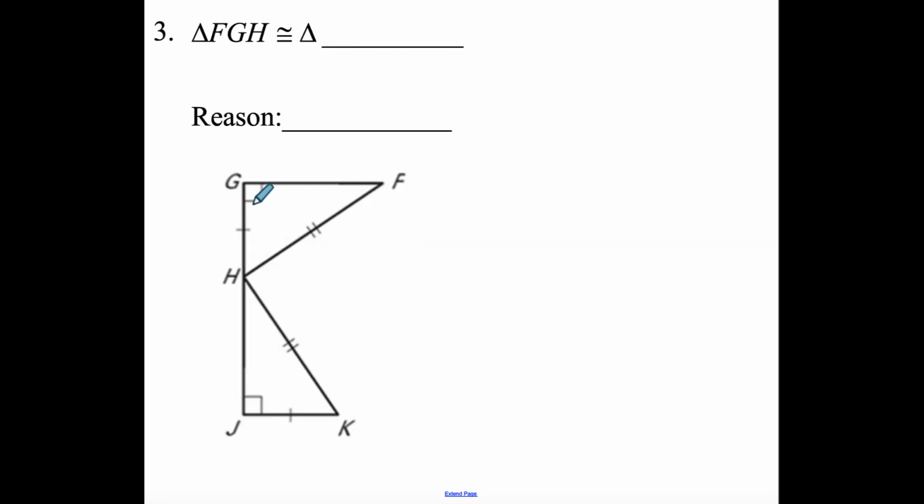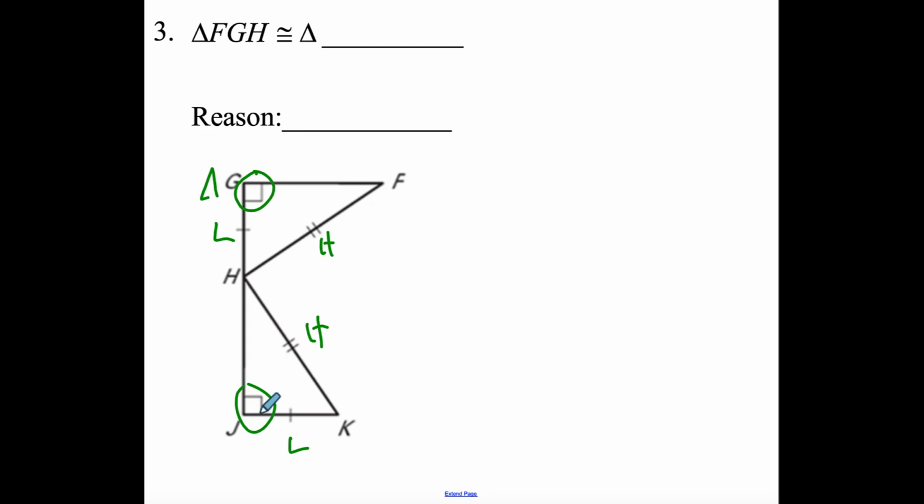This one's a little tricky just because they twisted the top one, they rotated it a little bit differently. It also looks like the angle that's given is not between the two sides. So a lot of people are going to freak out and say ASS can't be done. ASS, no way. But remember, we don't just have ASS, we have a leg and a hypotenuse. And so I think it will work.